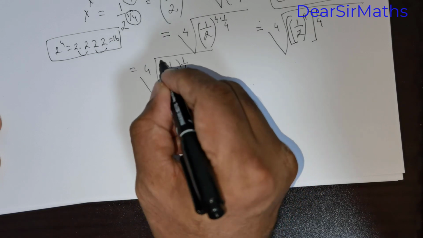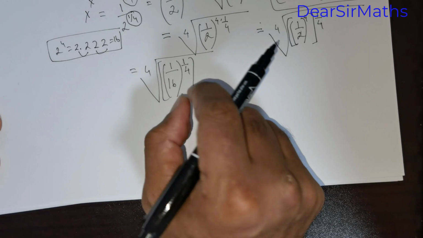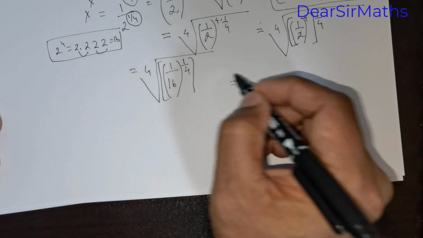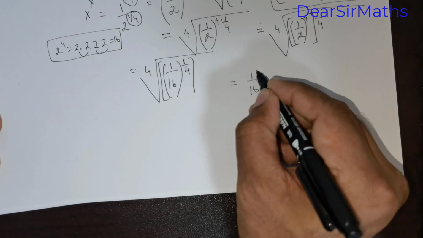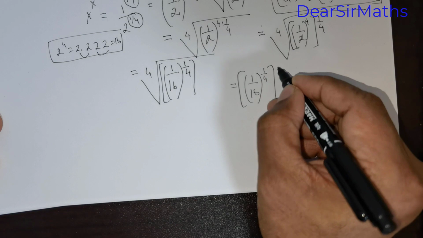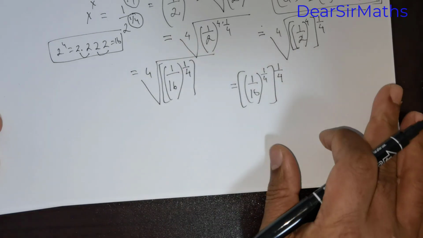Now this whole thing is a quantity. Just visualize it like that. We have the fourth root of this quantity. So that's nothing but placing that entire quantity and raising it to the power of 1 over 4, right?